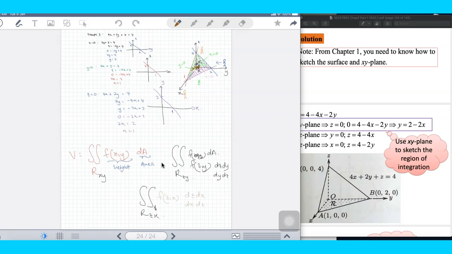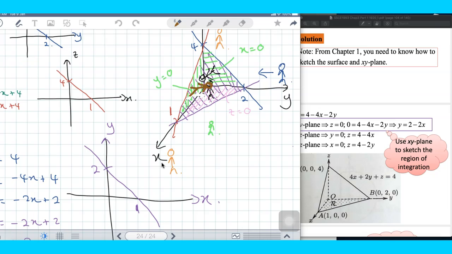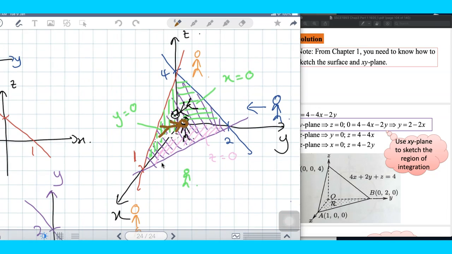Okay, so now let's say we go back to the standard orientation and the common direction that you are standing on in the solid. Again, I have to erase the small people, and I resketch.